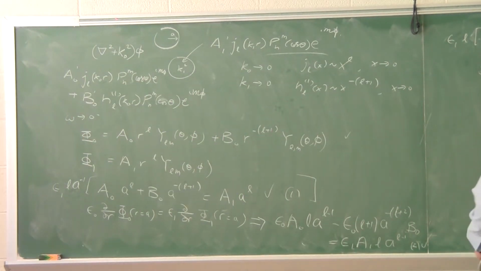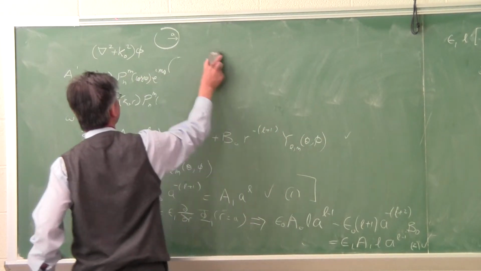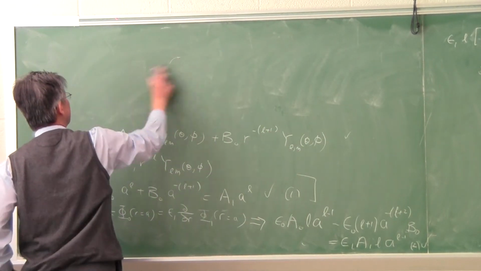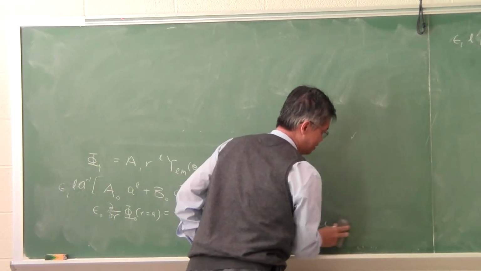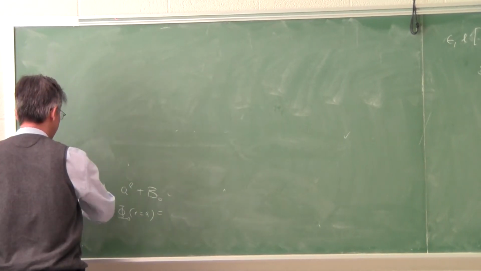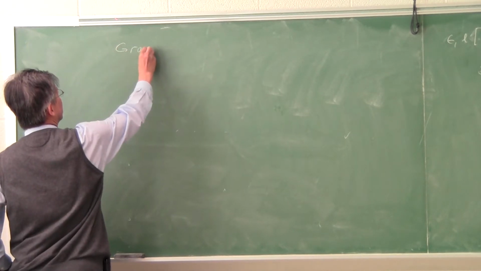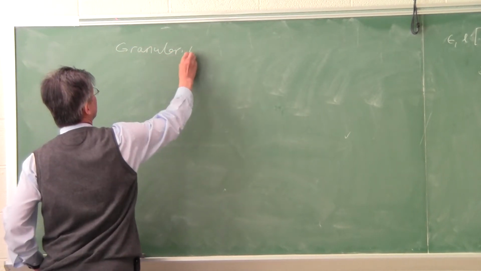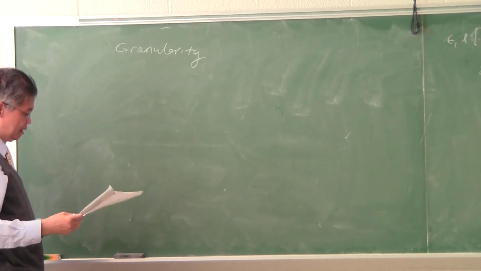So let's talk about light interaction with molecules in a nanoscale environment. When you're dealing with a nanoscale environment, the granularity of the environment becomes important. So we have to worry about granular effects.